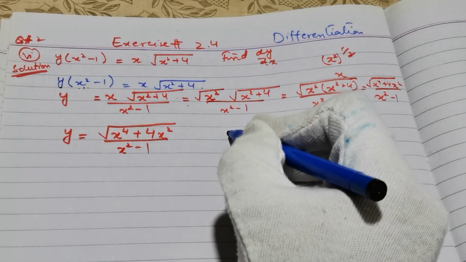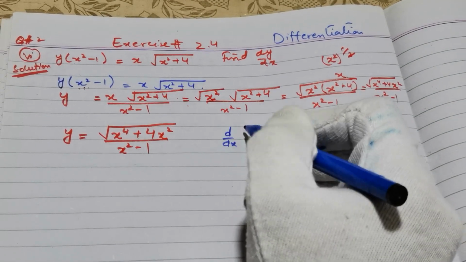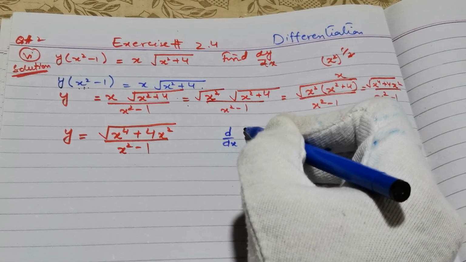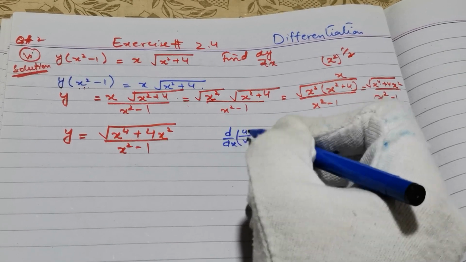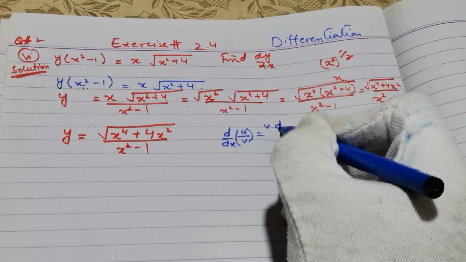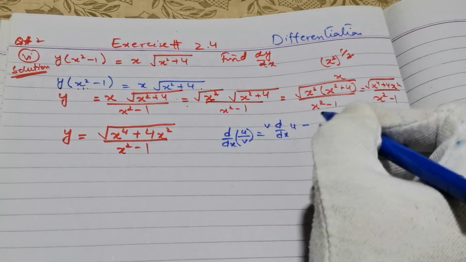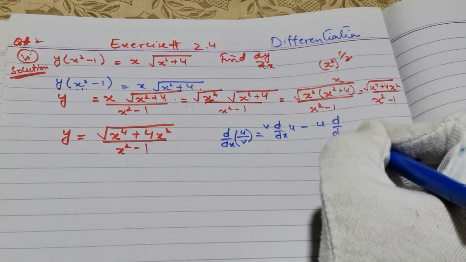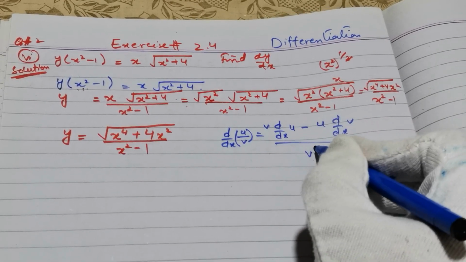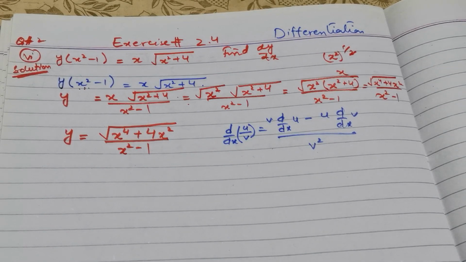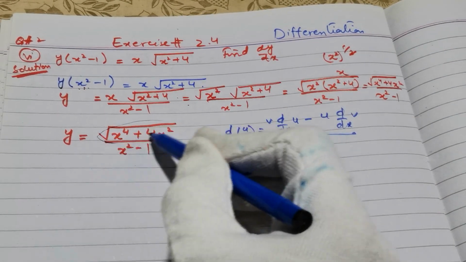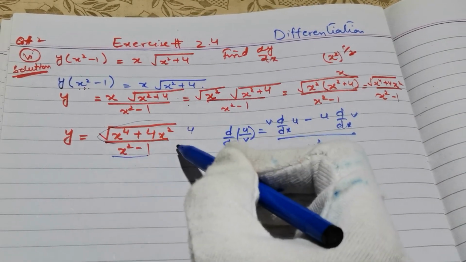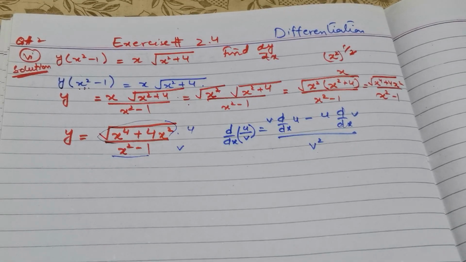We will apply quotient rule, and what is quotient rule? According to quotient rule, derivative of u by v is equal to v derivative of u minus u derivative of v, whole divided by v square. Now we consider this term as u and this term as v.